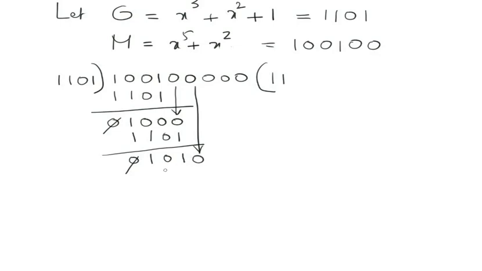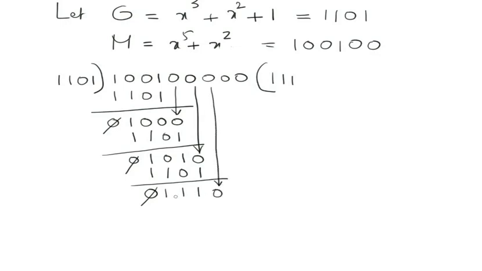Now the first bit is a 1. So again put a value of 1 here. 1 into 1101 is 1101. Even number of ones 0, odd number of ones is 1. Discard the 0. Bring the next bit down.